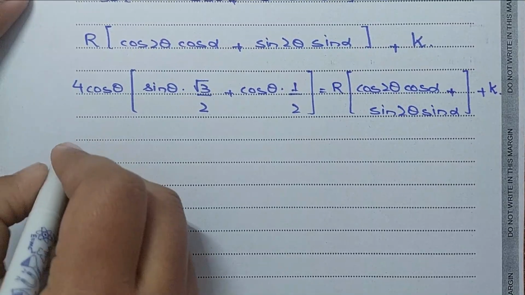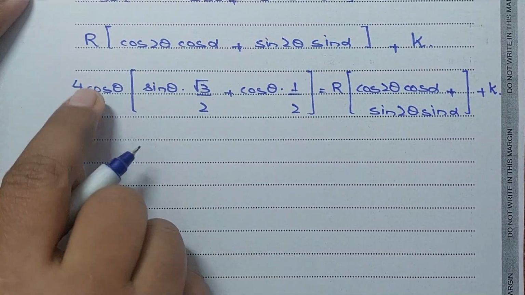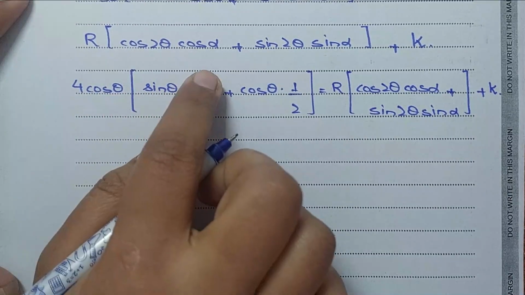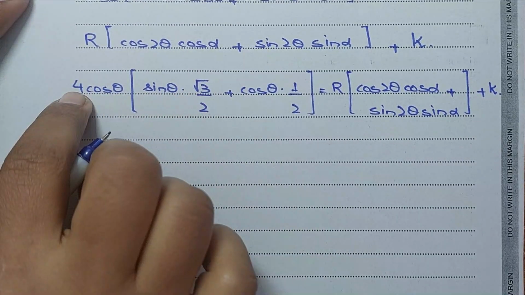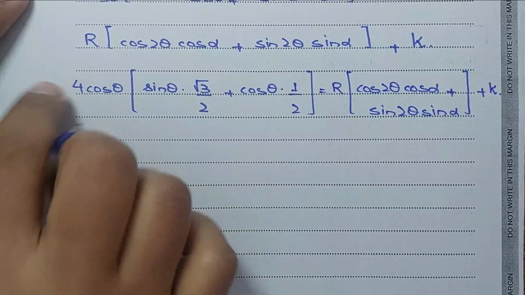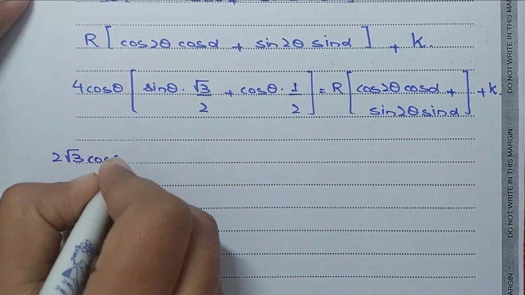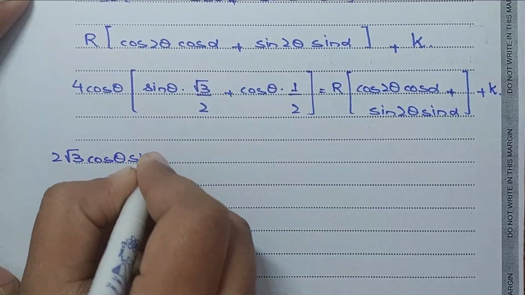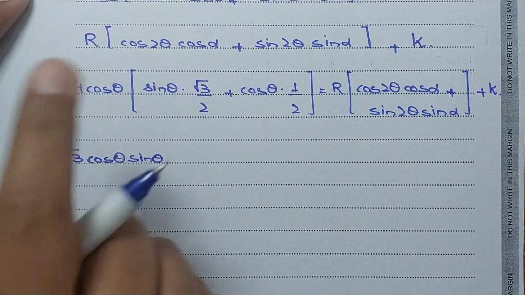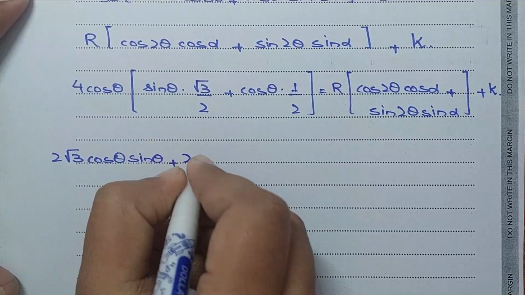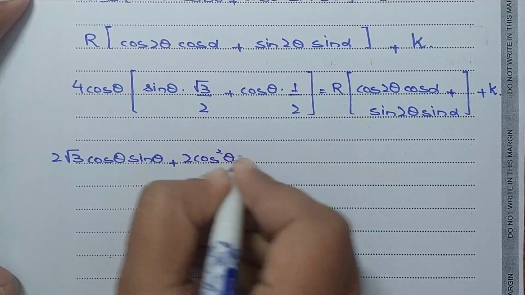Further simplification, we can say product, right? Cos theta sine theta, root 3 by 2 multiplied by 4. 2 times 1 is 2, 2 times 2 is 4. So 2 square root of 3 cos theta sine theta. Okay, and this should be in cos squared: 2 times 2 is 4, plus 2 cos squared theta.